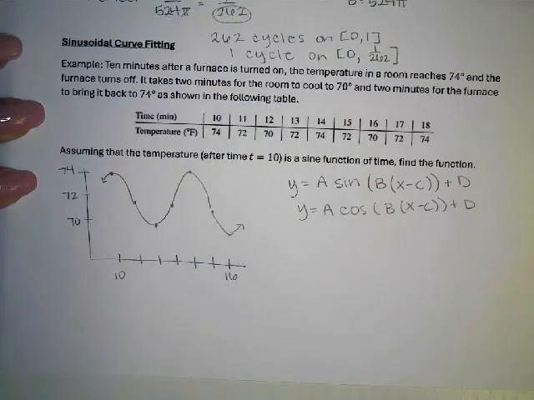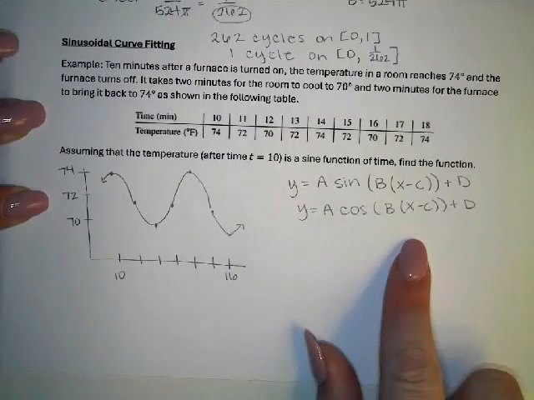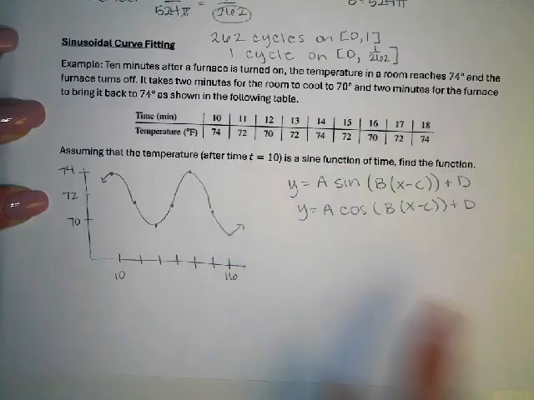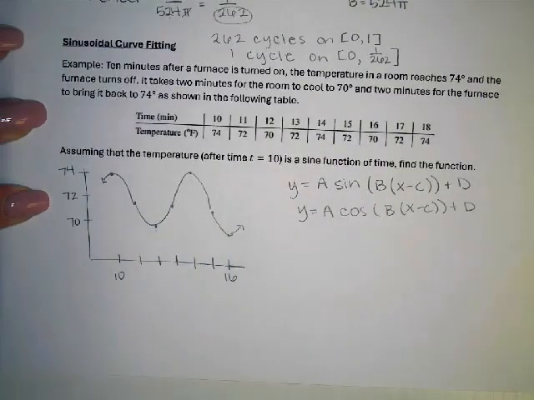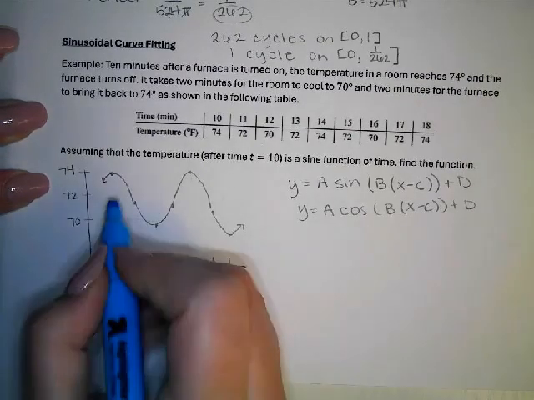I am going to show you how to write both of them, even though the instructions do say sine, because they're very similar. So when we look at this, one of the first things that is always helpful to me is to draw the midline in there, because first of all, we know that that midline is the d value.